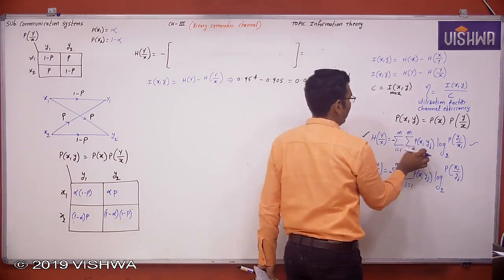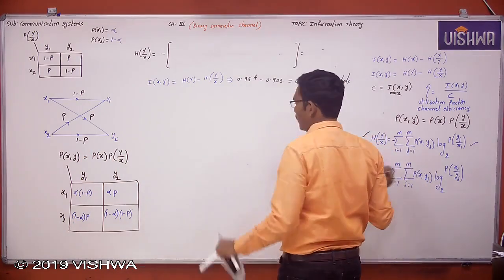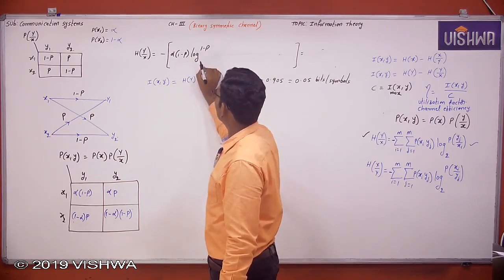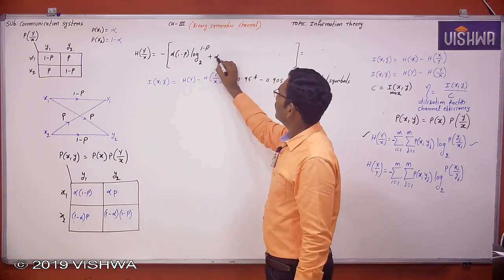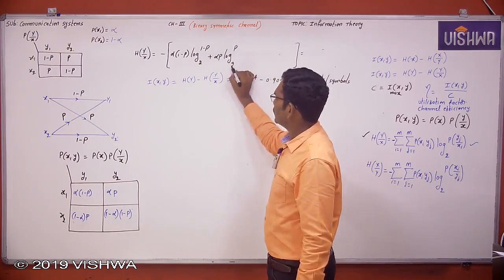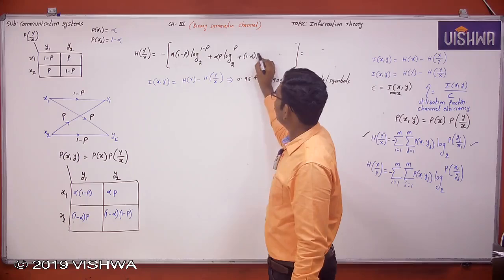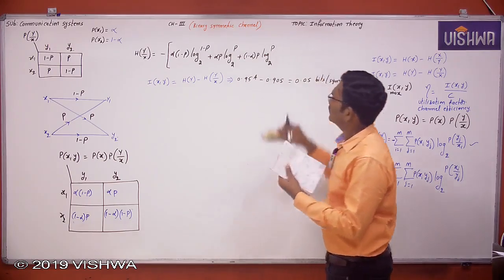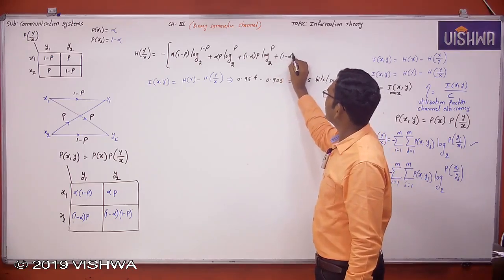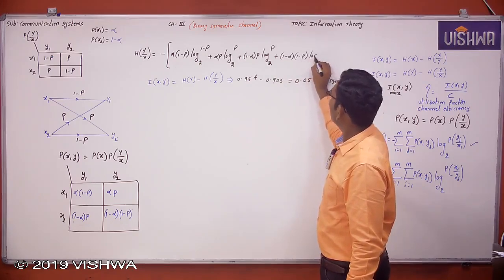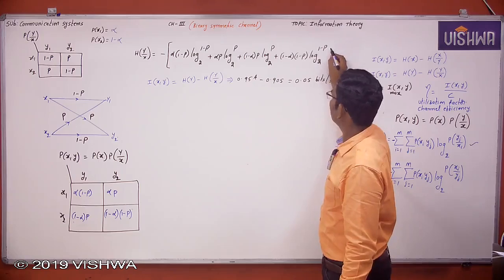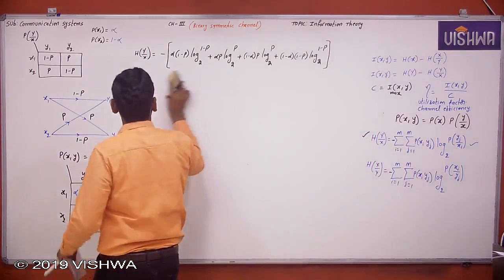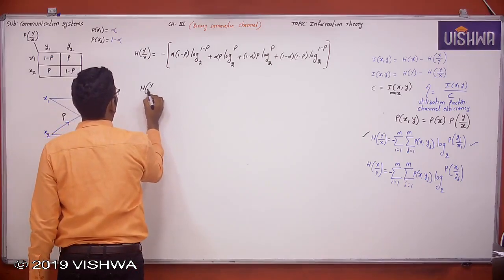The joint probability is multiplied with the log of the conditional probability: alpha into 1 minus p log 1 minus p base 2, plus alpha p log p base 2, plus 1 minus alpha into p log p base 2, plus 1 minus alpha into 1 minus p log 1 minus p base 2. Now this is H of y by x.